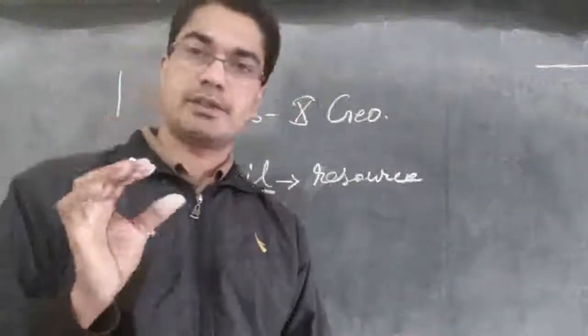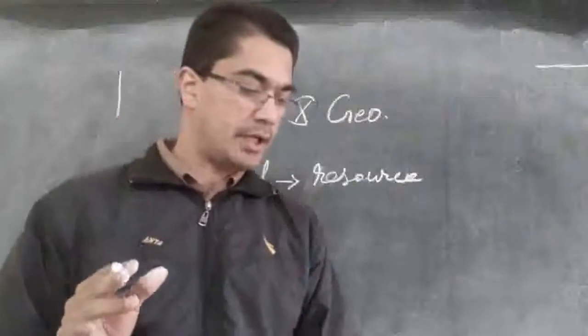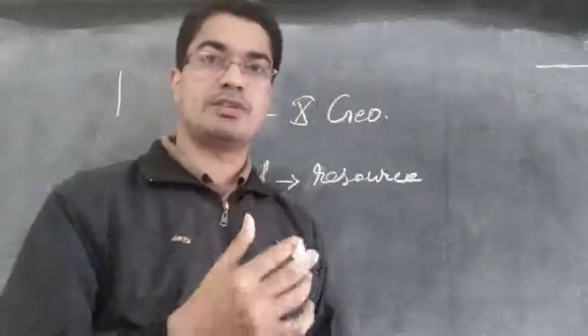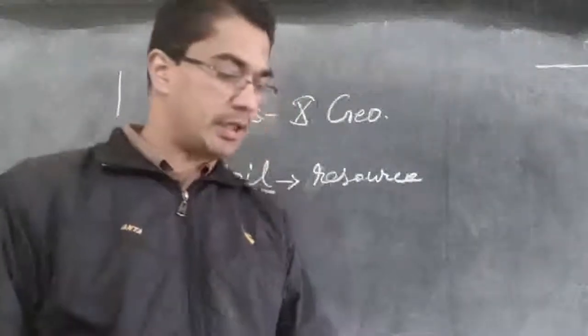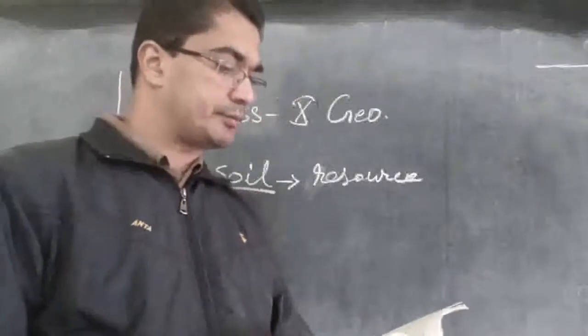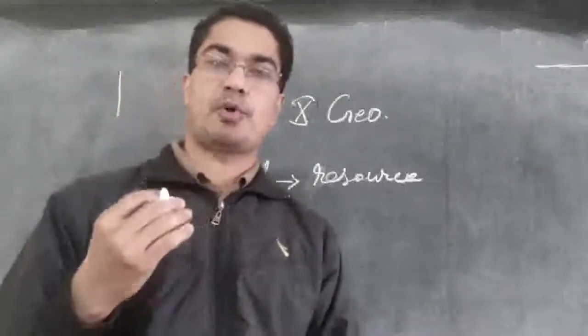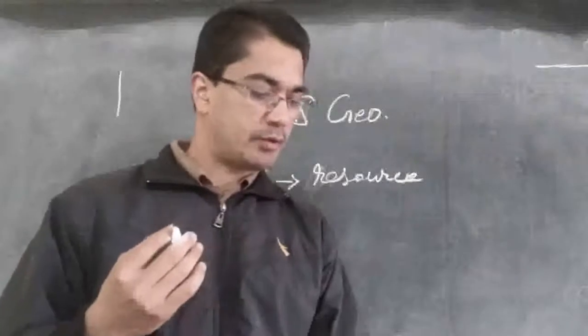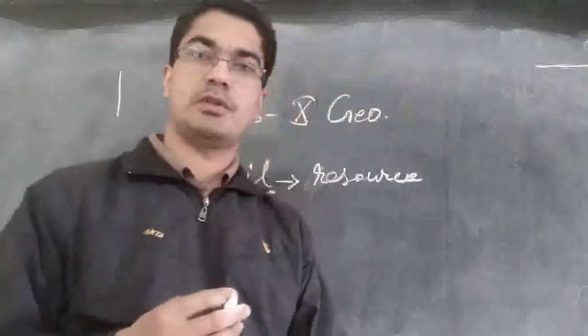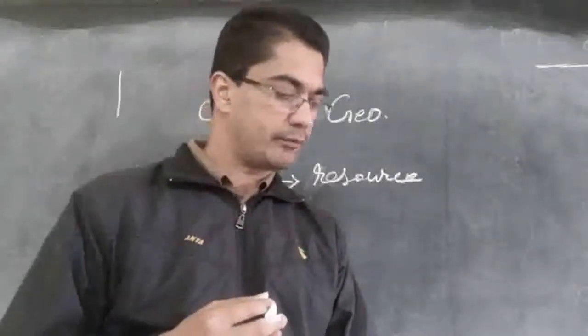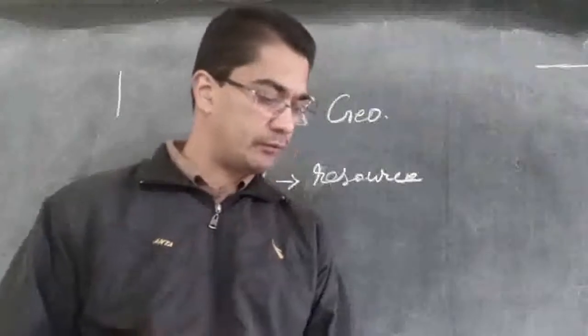Texture means whether it is smooth or hard, and the age, how old is this soil. We can also divide them concerning the properties, whether the physical property and the chemical property of the soil. So let us see what they are.